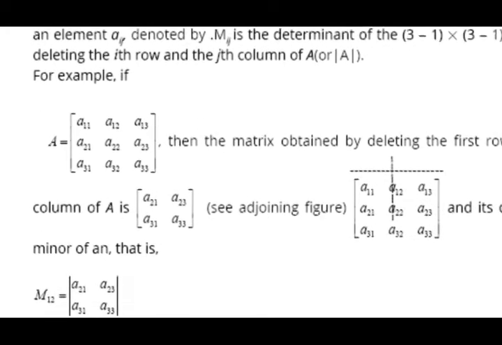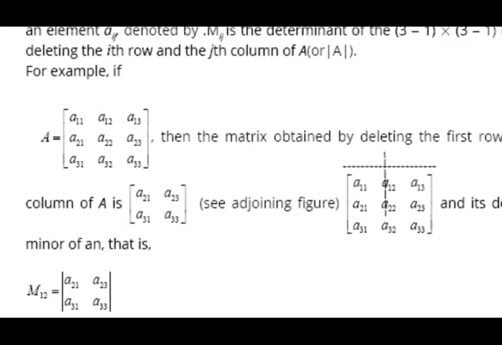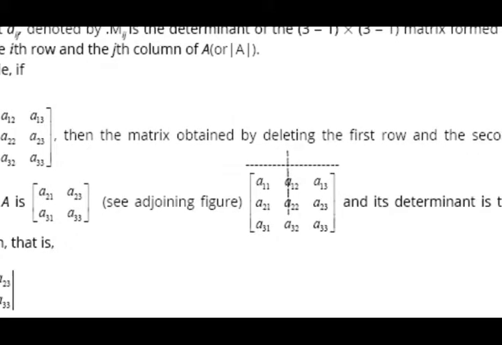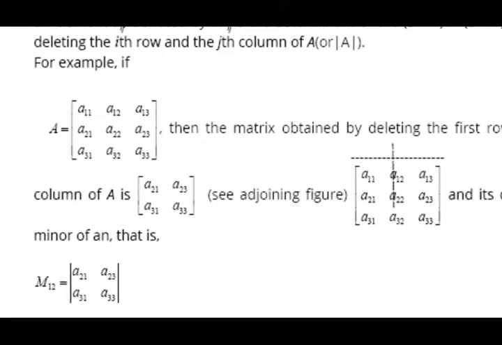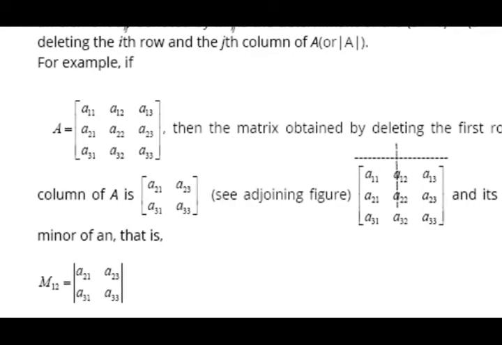For example, we have a matrix in general form, then the matrix obtained by deleting the first row and the second column becomes like that.